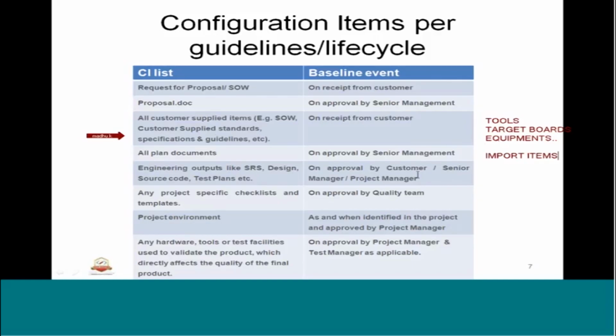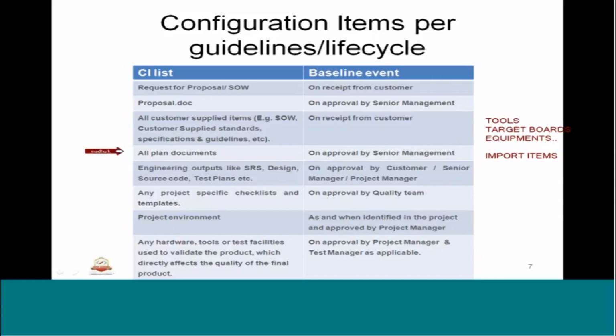We will maybe try to touch base on these important configurable items maybe in a future slide. All this will be part of the CI, and that is called a baseline when we receive it from the customer.